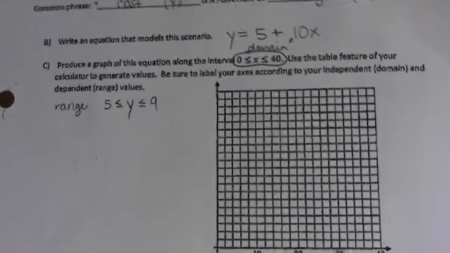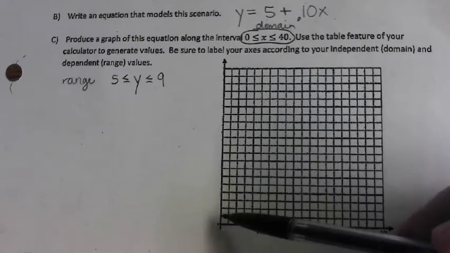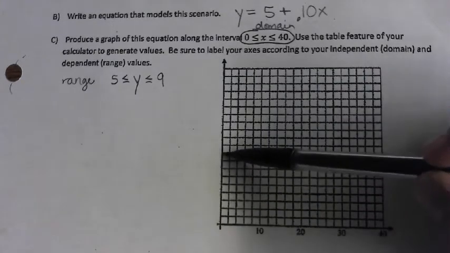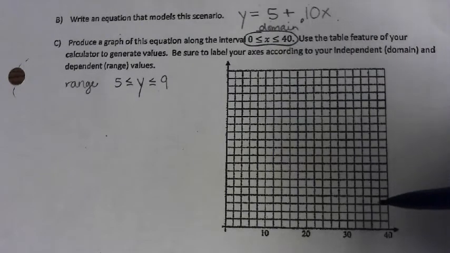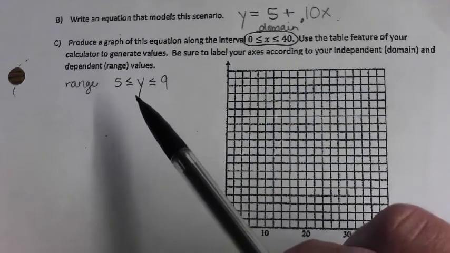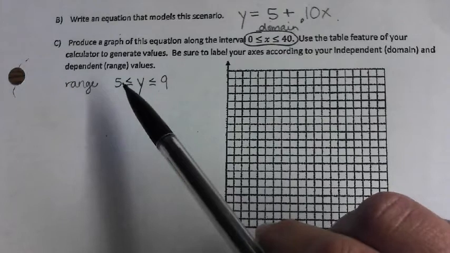And we have to talk about that because our y-axis is not scaled. So we really only need to go up to 9. That does not mean I'm going to count 1, 2, 3, 4, 5, 6, 7, 8, 9. Couple reasons why not. Number 1, you want to maximize the use of your graph. Number 2, to really maximize your graph, we don't need to even include 0 through 4.